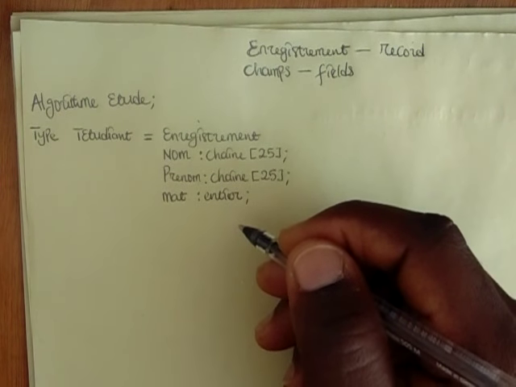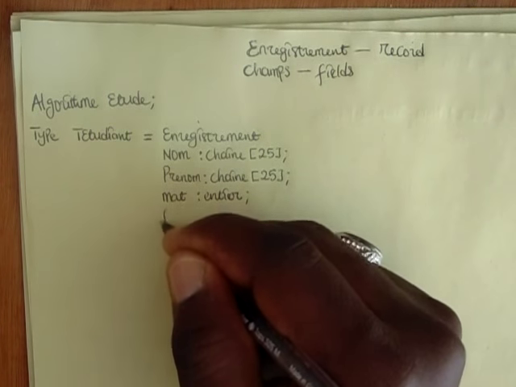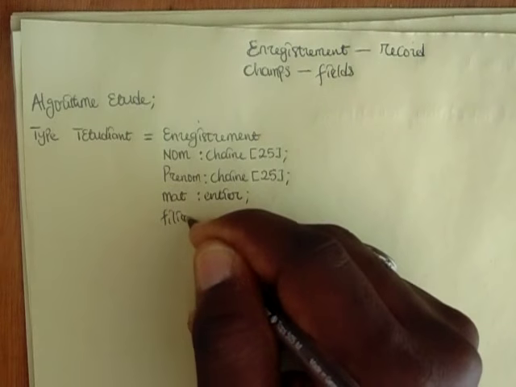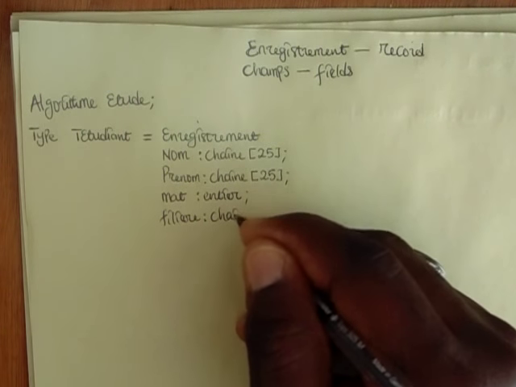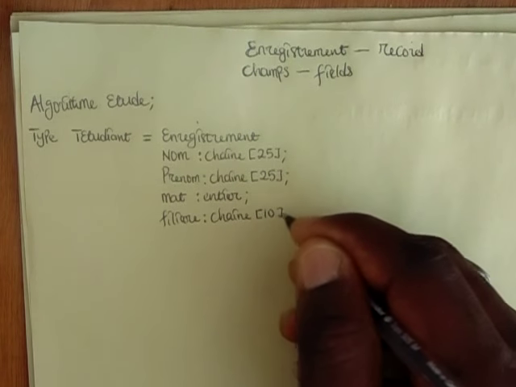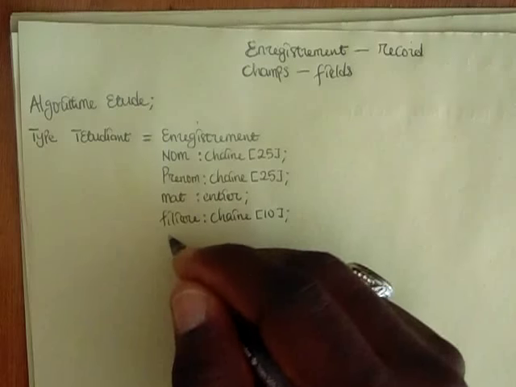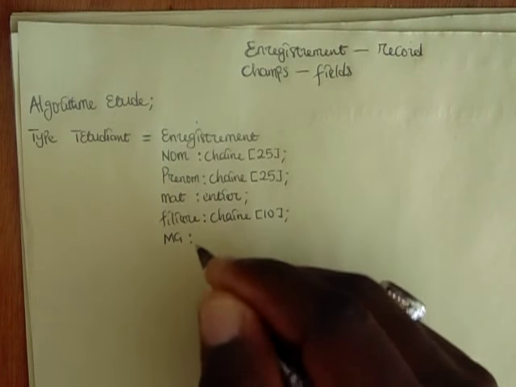Then we have the faculty of the person, filière. Filière is a chaîne of 10. So the GPA, which is moyenne générale in French.